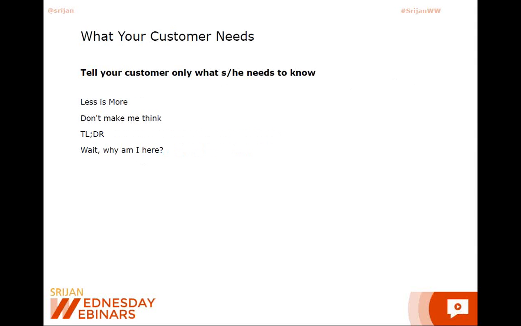TLDR, if you're not familiar with that abbreviation, stands for too long, didn't read. So if you put too much information in front of your customer at any point on the site, your customer's not going to be willing to make that investment to read through all of it. And similarly, if you've got too much information bombarding your customer all at once, they're going to forget why they were there.